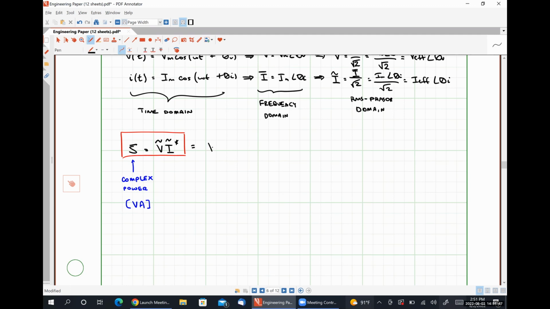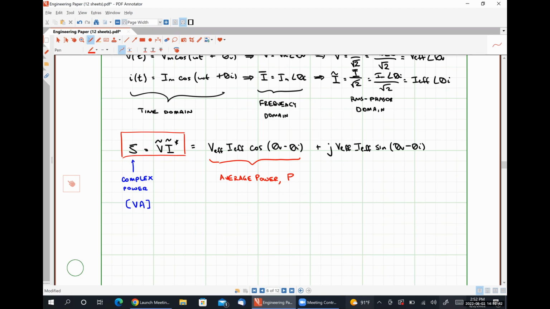So in rectangular form, this is going to look like V effective I effective cosine theta V minus theta I plus J times V effective I effective sine theta V minus theta I. We call this bit right here the average power.